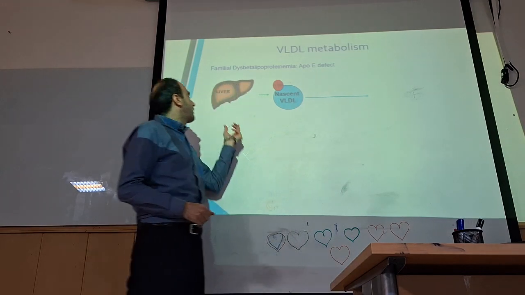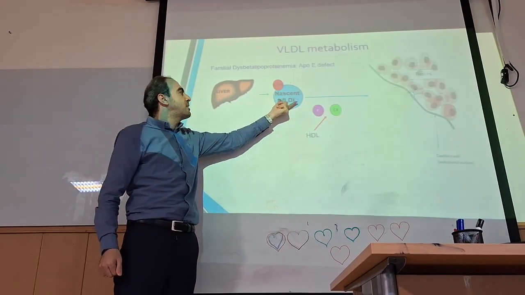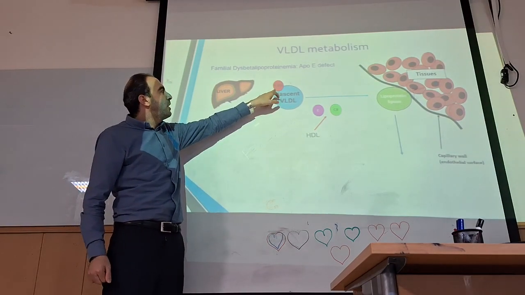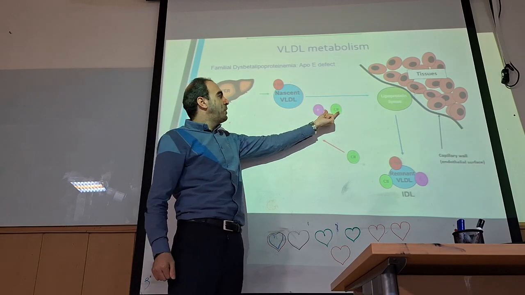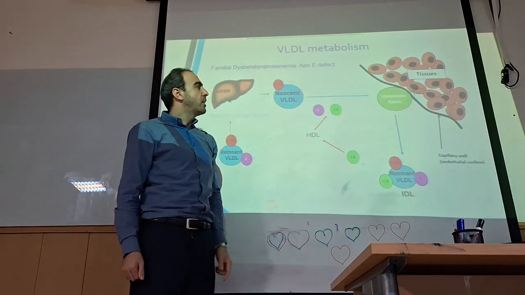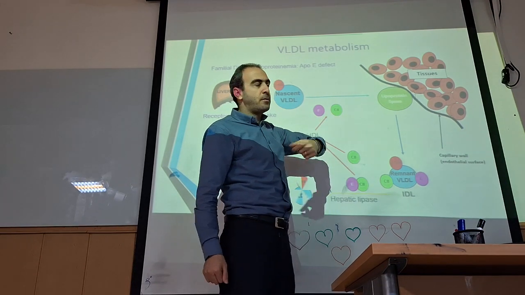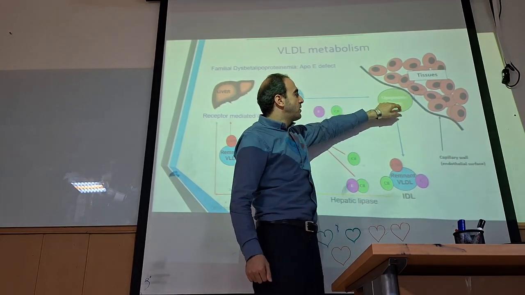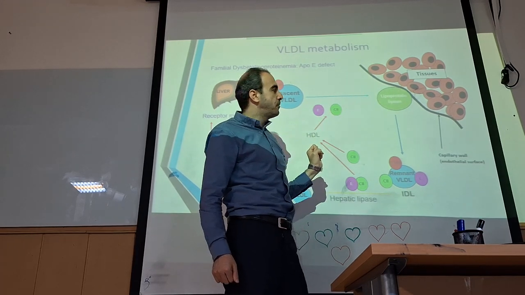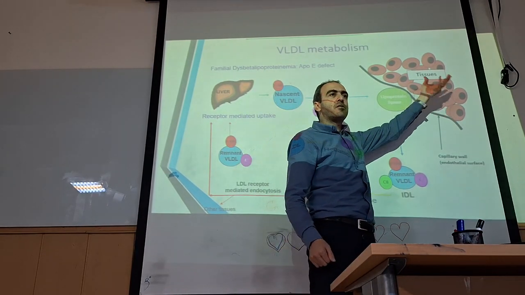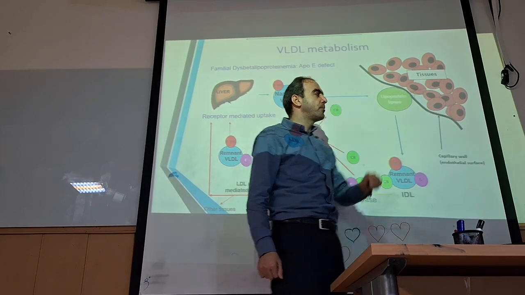Here you can see, from liver, we synthesize nascent VLDL, which contains ApoB100, and receives ApoC2 and E from HDL. The nascent VLDL becomes mature VLDL. Lipoprotein lipase takes fatty acid from VLDL and gives it to the extrahepatic tissue like muscle, heart, adipose, and other tissue.